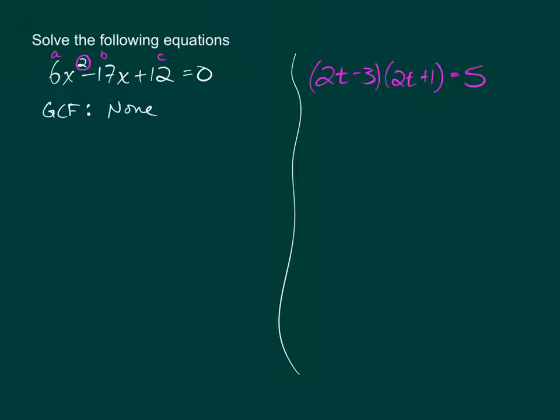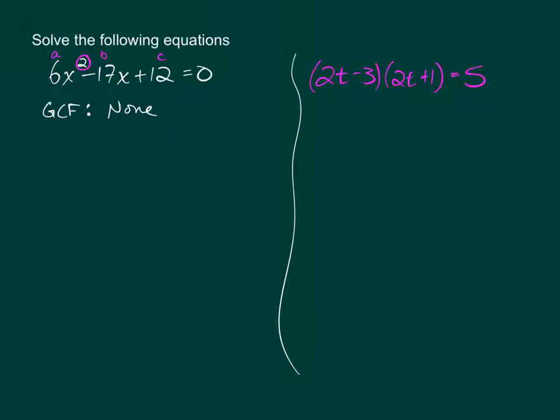And a, b, and c will always be in the right order as long as you have the powers of x in descending order. So you start with the highest power of x in the first term, so x squared. Here in the second term, there's an x to the first power. We don't write the 1 there. It's understood to be there. And in this last term, there are no x's. So 2, 1, 0. That's descending order. So you can find a, b, and c pretty easily.